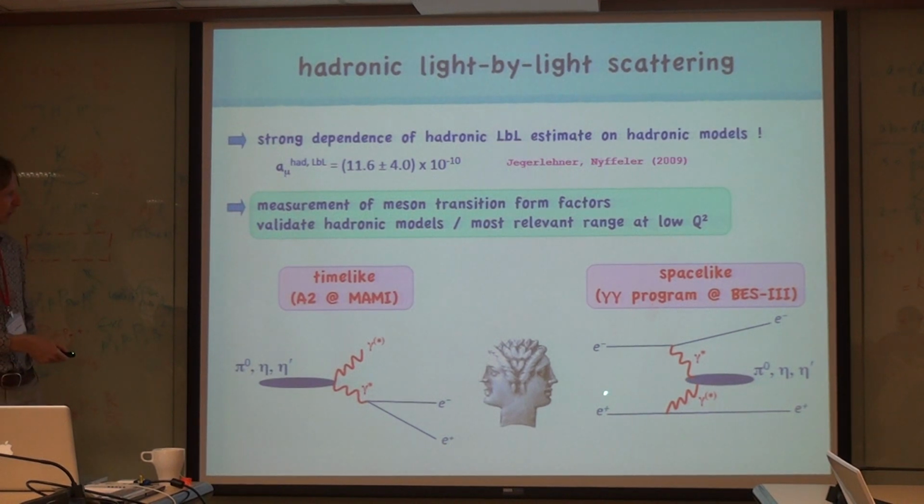So this is a pure space-like process. Here you have a time-like process. So you can basically combine measurements from different facilities. So if you have facilities where you can look at the decay of these states into e plus e minus final states, or if you do fusion processes, so this part is done also at BESIII, and this part is done at facilities such as MAMI, for instance.